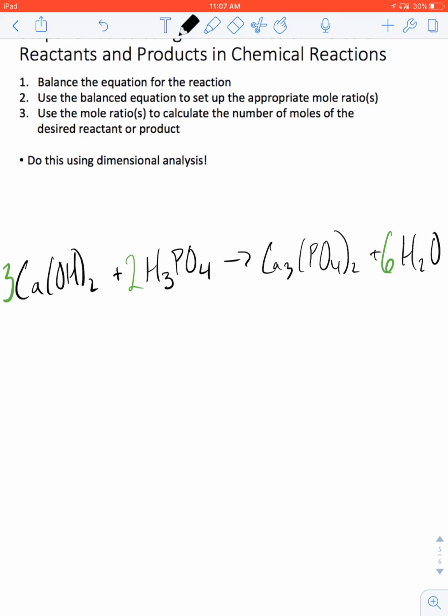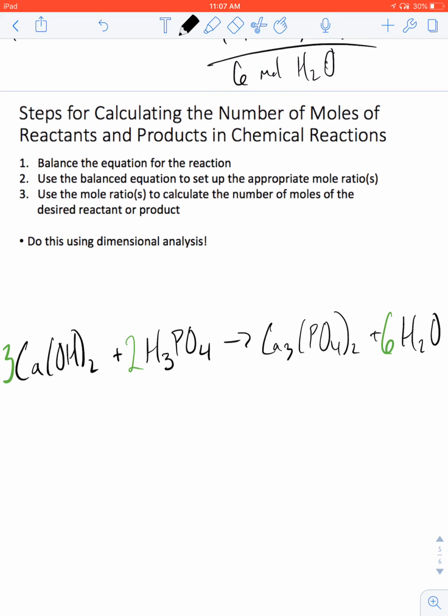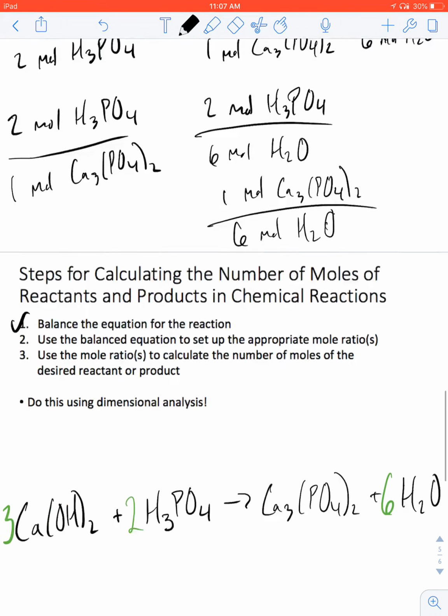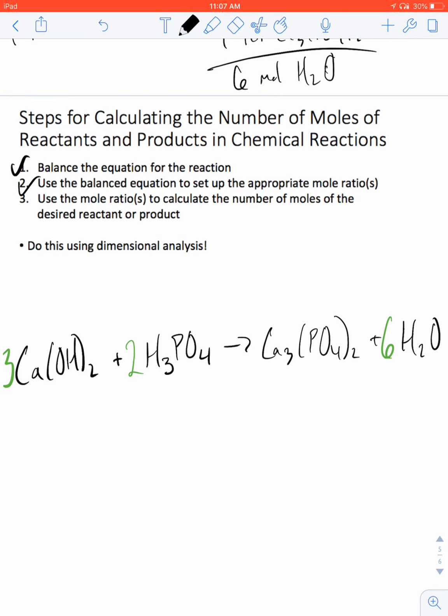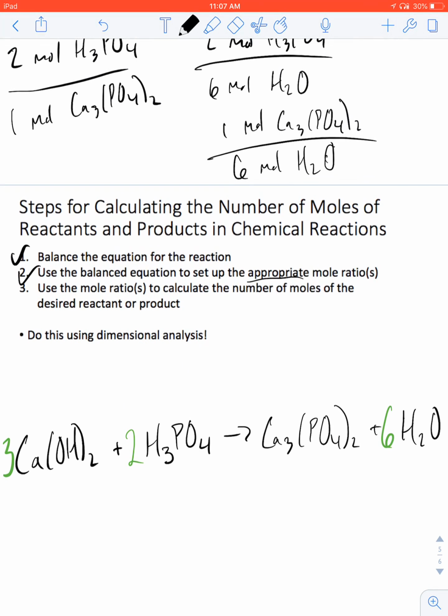Anyways, in these steps here, we have done step 1, balance the equation. And up here, we've done step 2. Use the balanced equation to set up the appropriate mole ratios. Again, once you get more comfortable with this, you only need to make the mole ratios that you need based on the question.